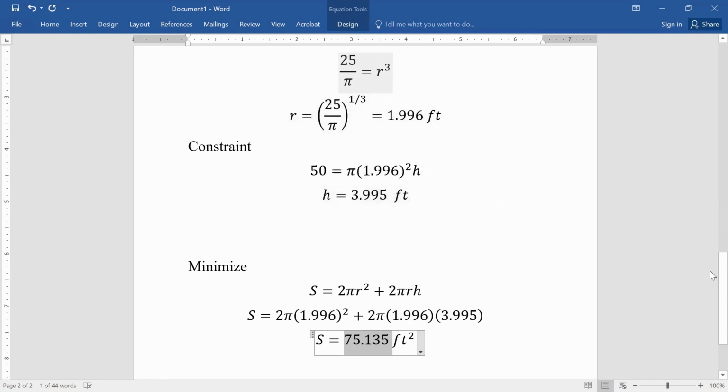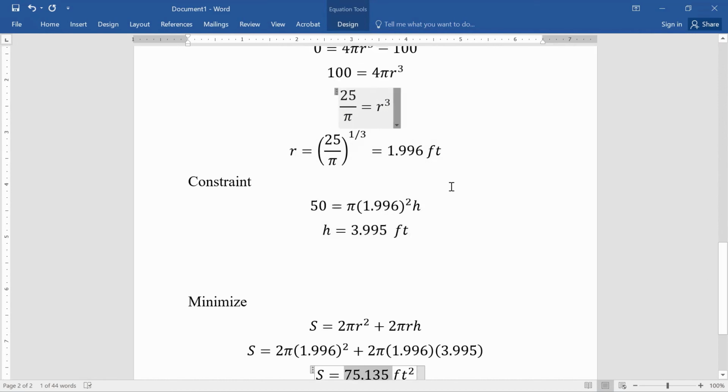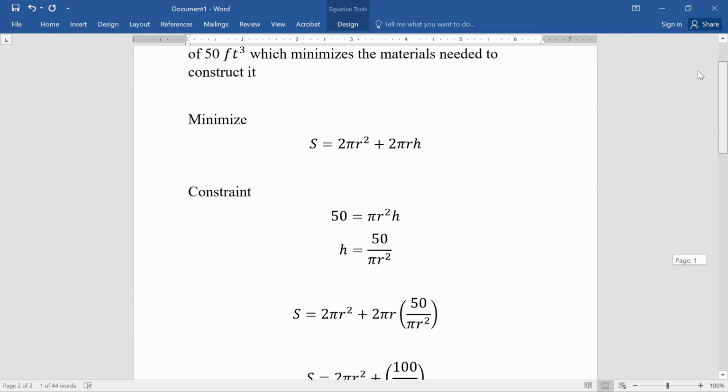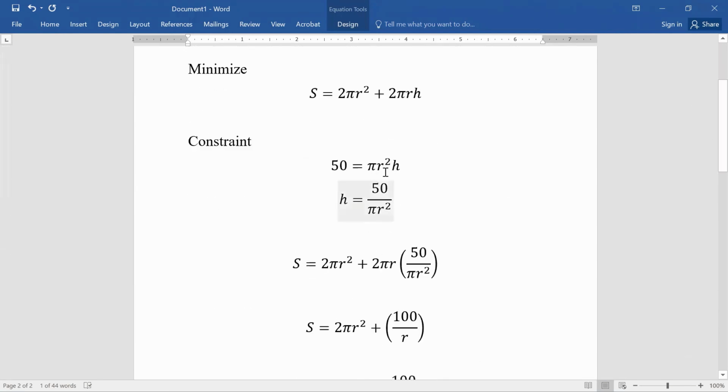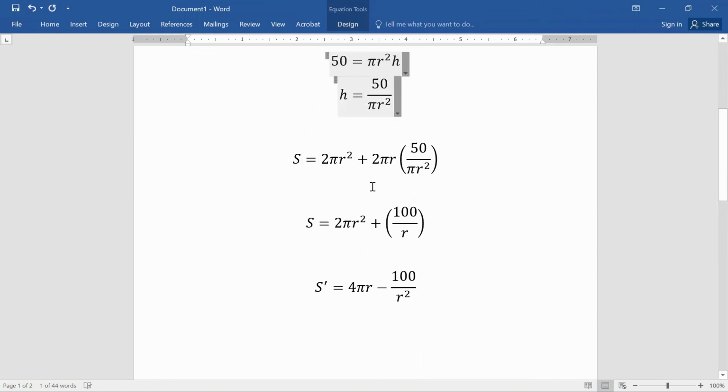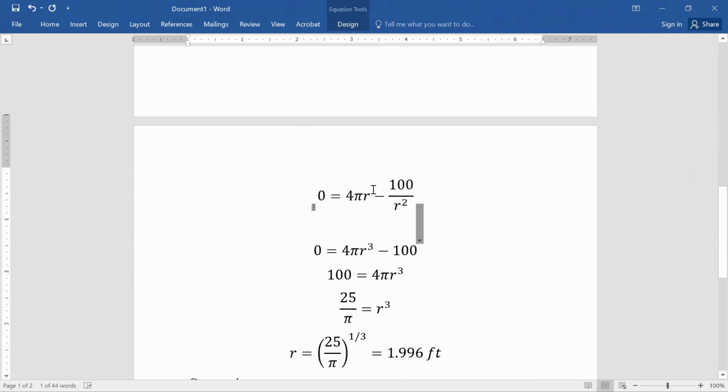By the way, if you would like to check your answer and check that this makes sense, you can plug in the radius and the height into your constraint equation, and hopefully pi r squared times h gets you close to 50. In fact, I've done this and you get very, very close to 50. It's off a little bit because we rounded our numbers.